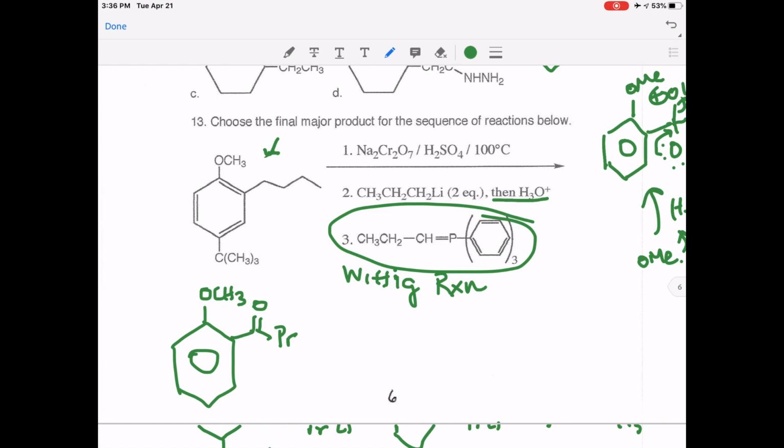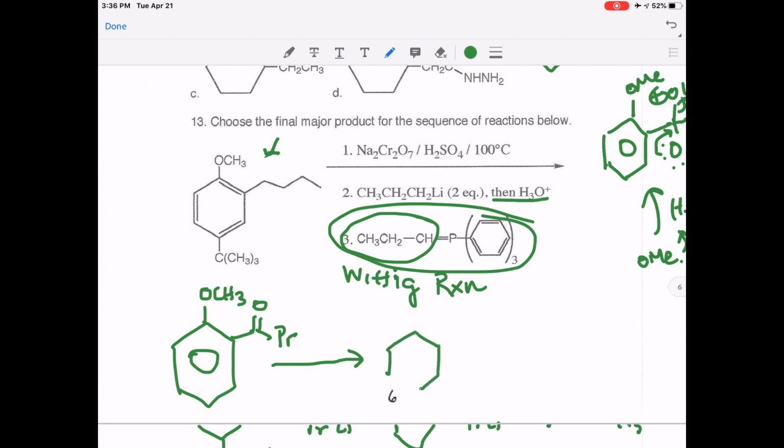When we add the reagent from the Wittig reaction, which, in its resonance form, is a ylide, to this carbonyl compound, now the ketone, this part right here will essentially replace this oxygen atom here. I'm not going to go over the mechanism.